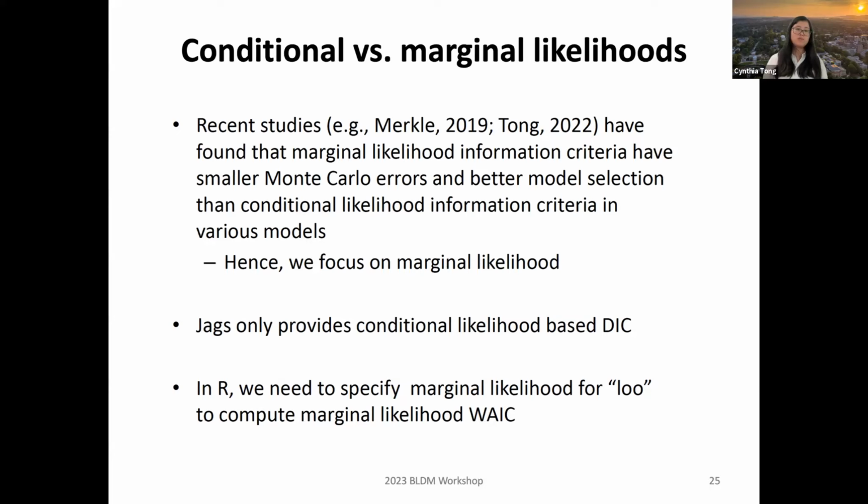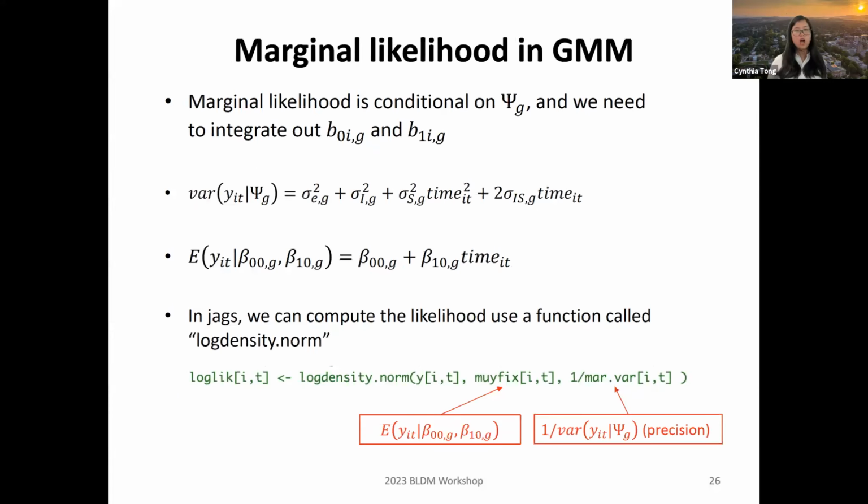Since JAGS only provides conditional likelihood-based DIC, in R we need to specify the marginal likelihood in JAGS, and we can use the marginal likelihood with the loo package to compute the marginal likelihood-based WAIC. It's actually not complicated at all. So in JAGS, what we need to do is just add this line in our model part using the logdensity.norm function. For the traditional growth mixture model, remember that all the models assume a normal distribution.